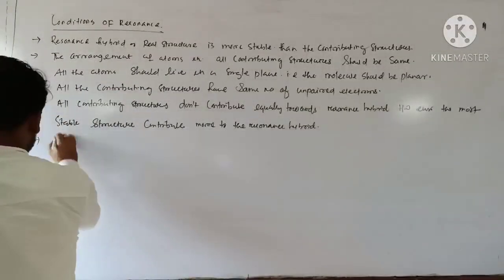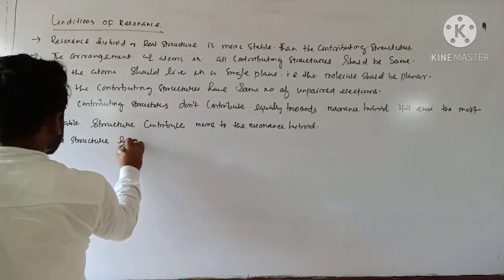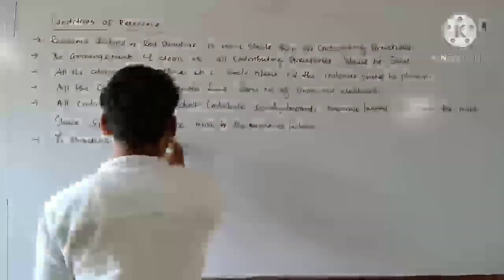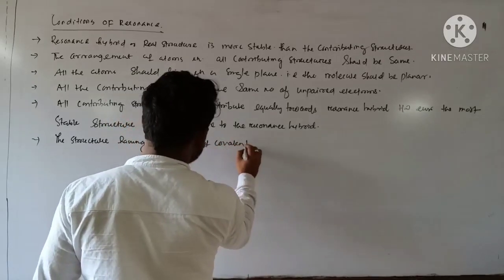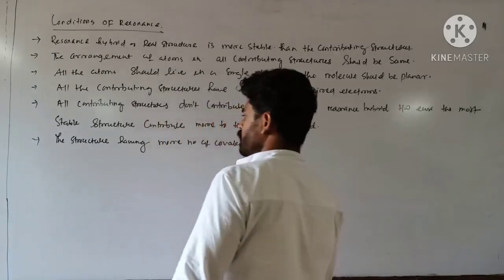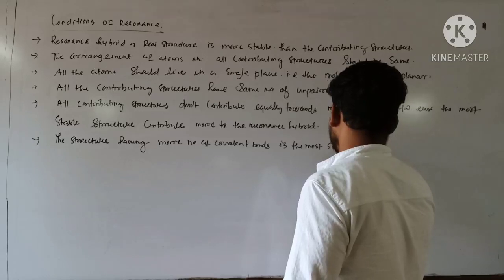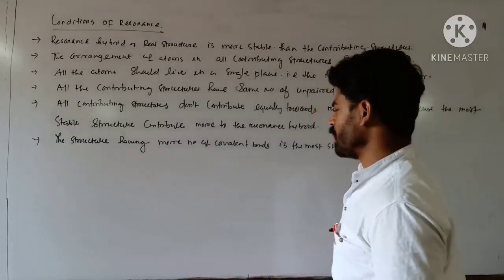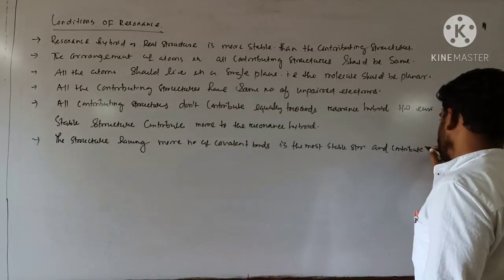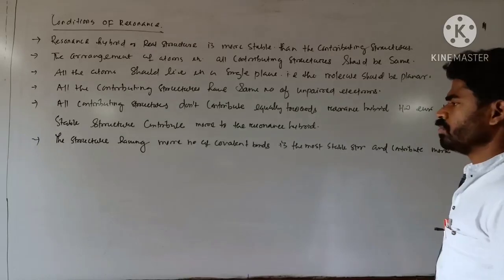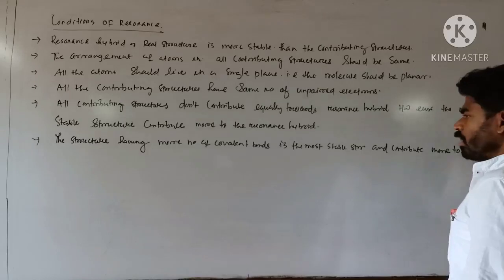The structure having more number of covalent bonds is the most stable structure, and contributes more to the real structure or resonance hybrid.